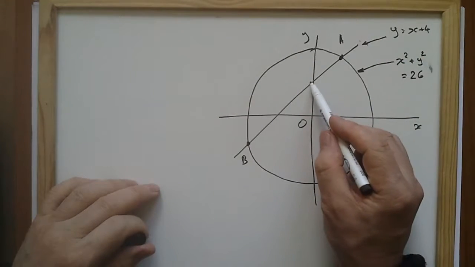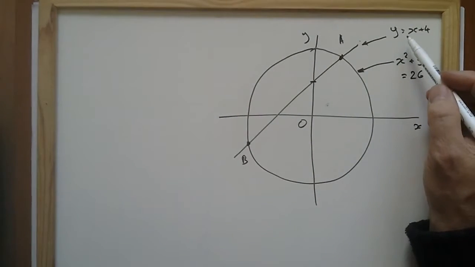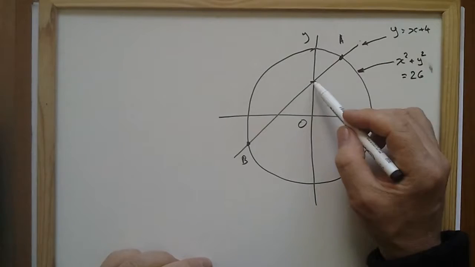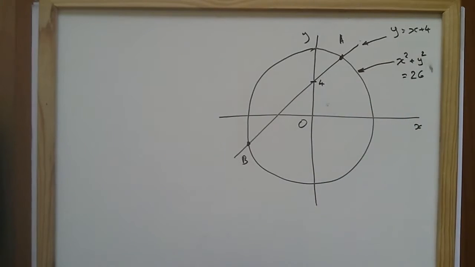By the way, we should recognize from y equals mx plus c that m here is 1, the slope of this line is 1, and the y-intercept is 4. That might be useful for us, but it might not be useful for us.